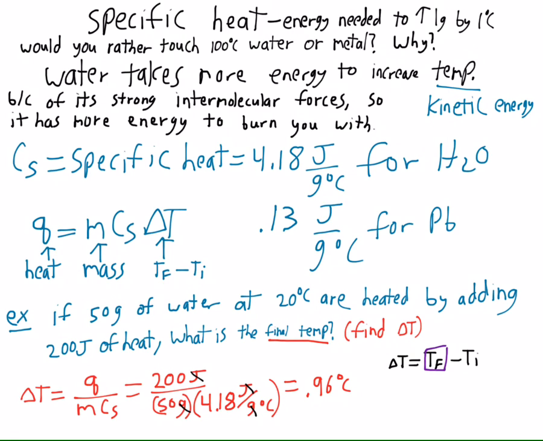So we're going to do the opposite. We're going to add temperature initial on both sides. So we get negative temperature initial plus temperature initial over here, that's 0. And change in temperature plus temperature initial over here. So we're going to take our initial temperature given to us in the problem, 20, and add 0.96. So you get 20.96 as your final answer.